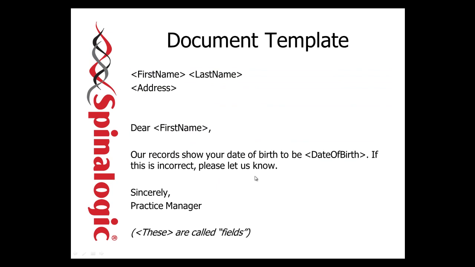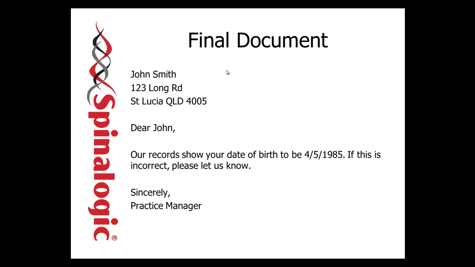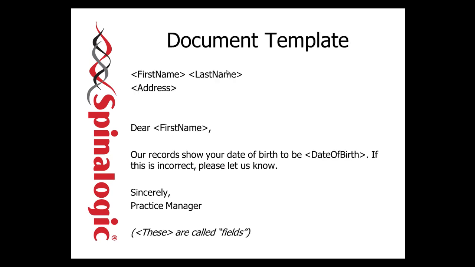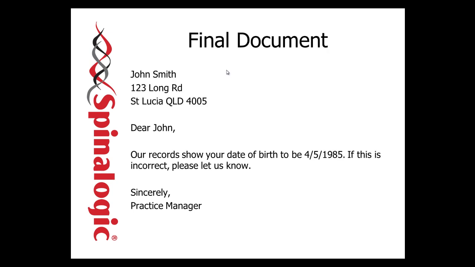Here's an example of a document template. So you can see that at the top we have first name in little triangular brackets, and then last name. So when we fill this in with real information, you can see that the first name has been replaced with the word John, and the last name has been replaced with the word Smith, and the address has been replaced with the actual address.